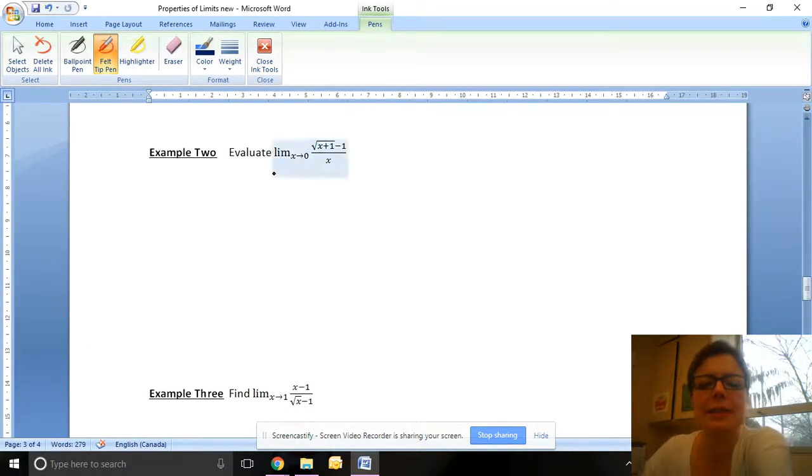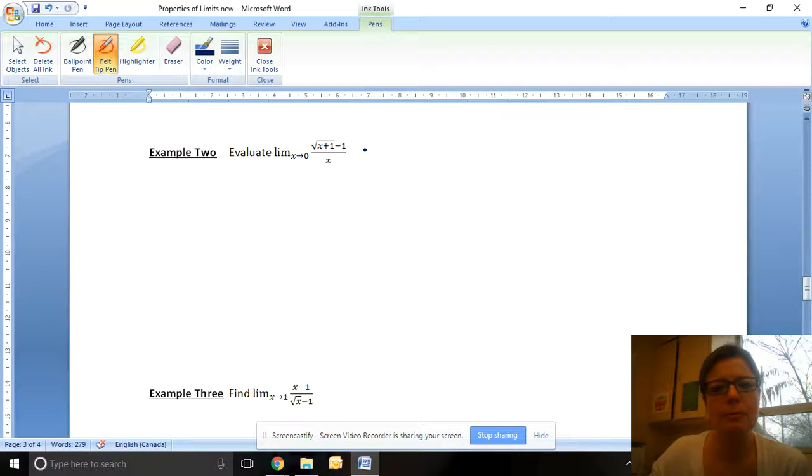Okay, now we have this type of limit that involves a root. When you see anything with a square root in the indeterminate case, you should think about rationalizing, either rationalizing the denominator or the numerator. In this case, our square root is in the numerator, so that's what we're going to rationalize.